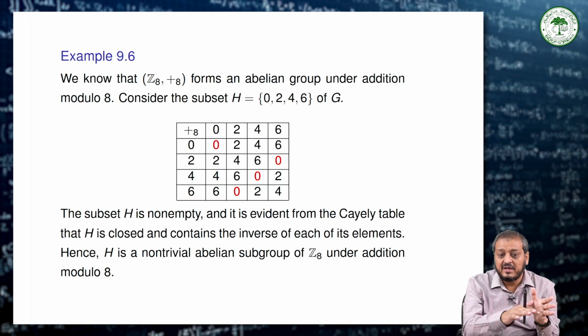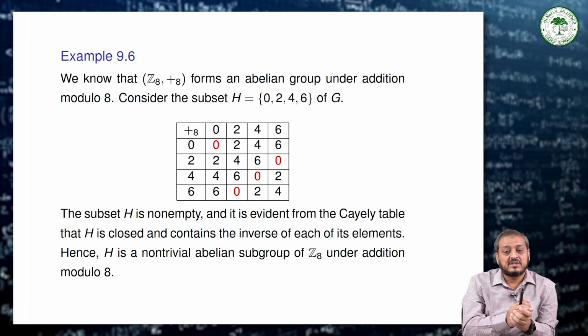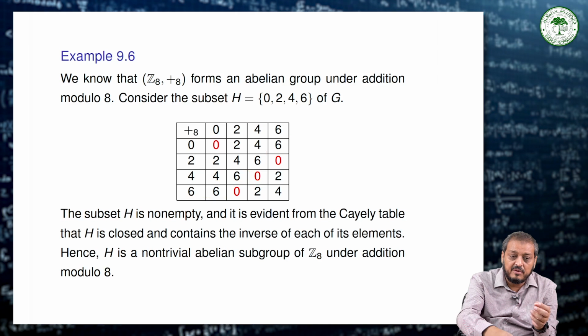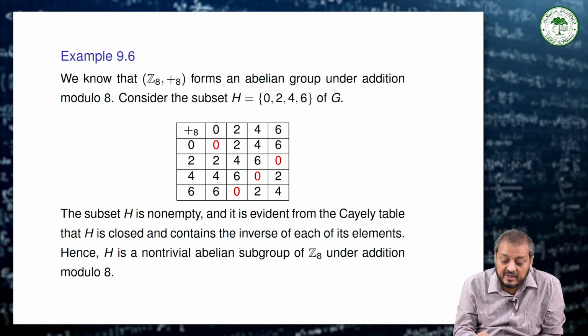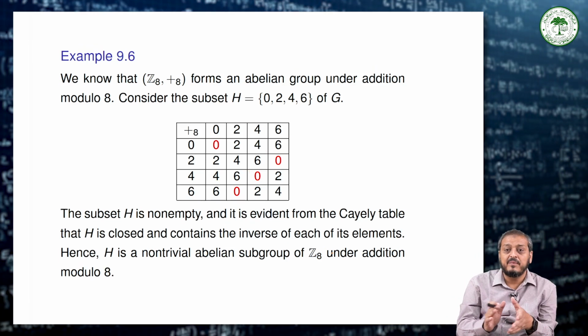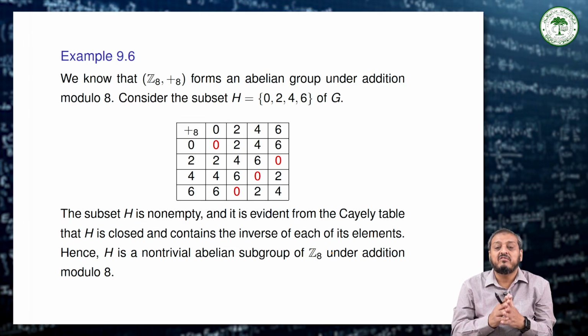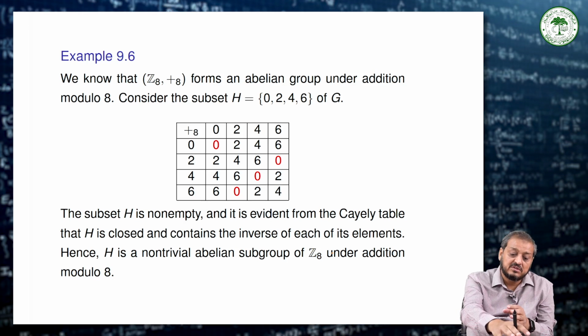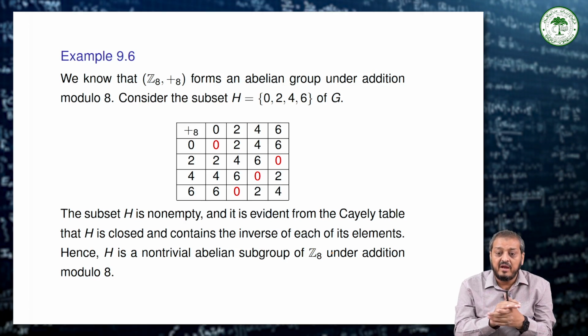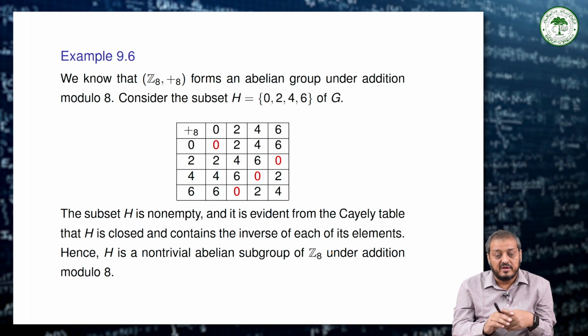Since the subset H is non-empty, and it is evident from this Cayley table that H is closed and contains the inverse of each of its elements, H is clearly a non-trivial abelian subgroup of Z8 under addition modulo 8.